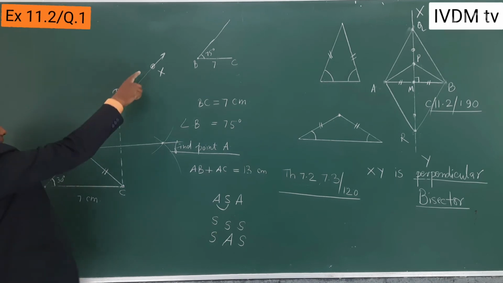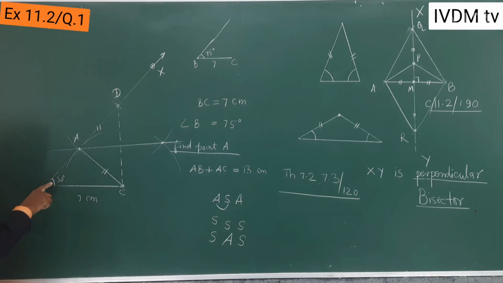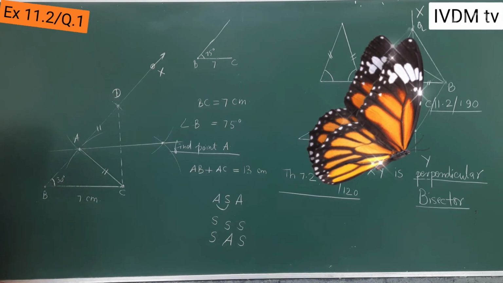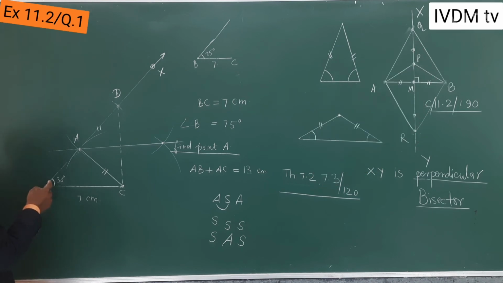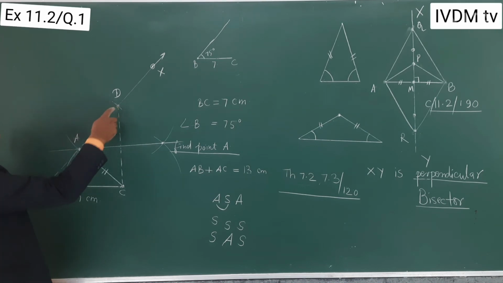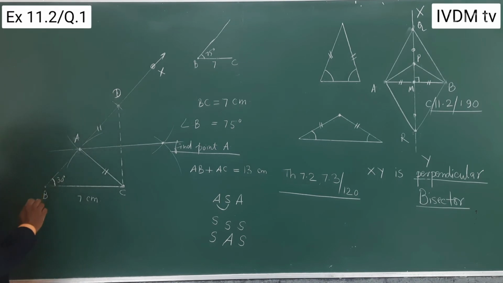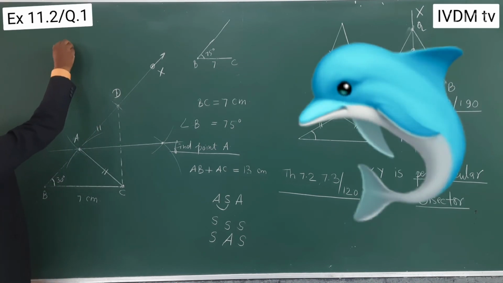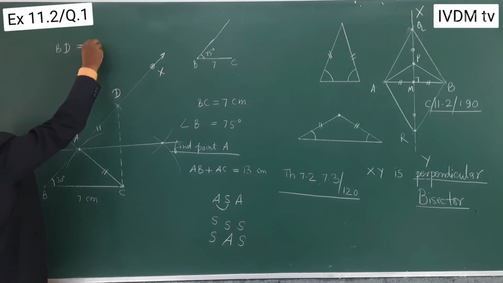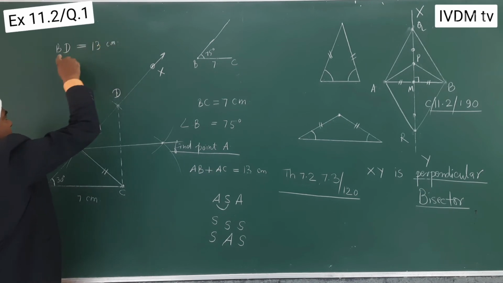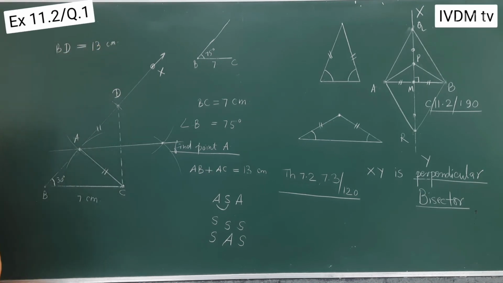Draw BX ray such that angle B is equal to 30 degrees. After that, cut an arc BD equal to 13 centimeter. So BD is equal to 13 centimeter.